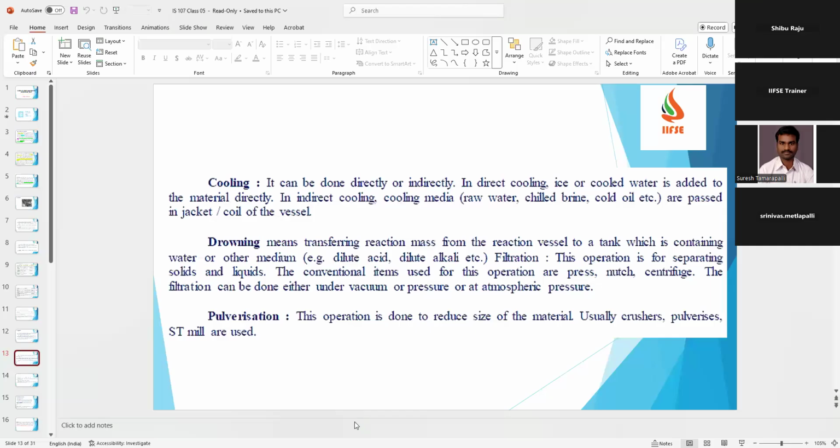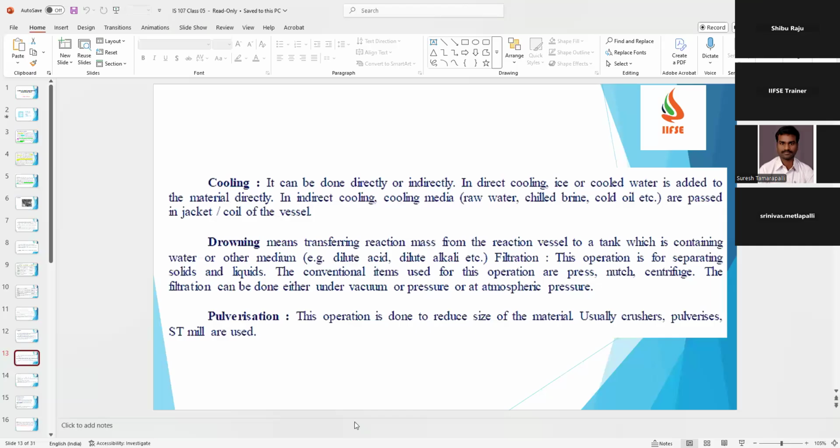Filtration, this operation is for separating solids and liquids, and the conventional items used for these operations are presses, nutsche filters or centrifuges. We can also use ANFD, agitated nutsche filter dryers, and also centrifuges and presses. Basically here we separate liquids and solids.